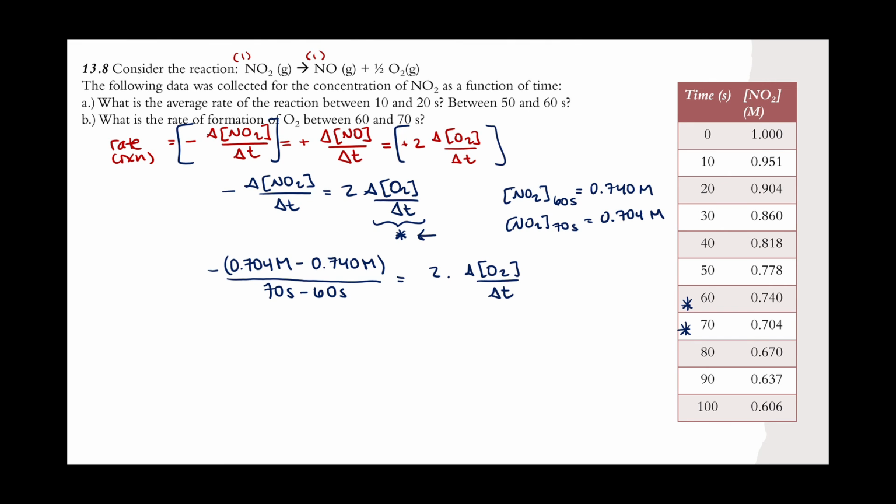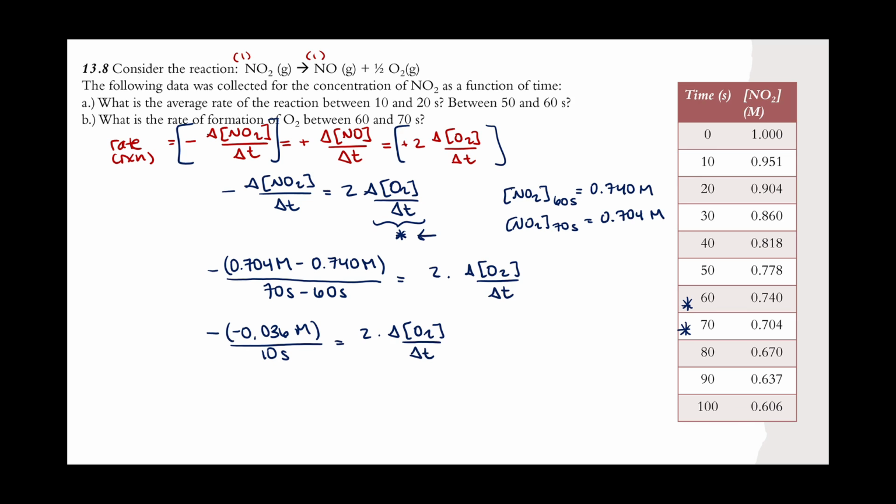I'm going to focus on the left side first and simplify that before we concern ourselves with the right side of the equation. So if I do the math in that numerator, we're going to get negative times negative 0.036 molarity divided by 10 seconds. This will come out to be positive 0.0036 molarity per second.